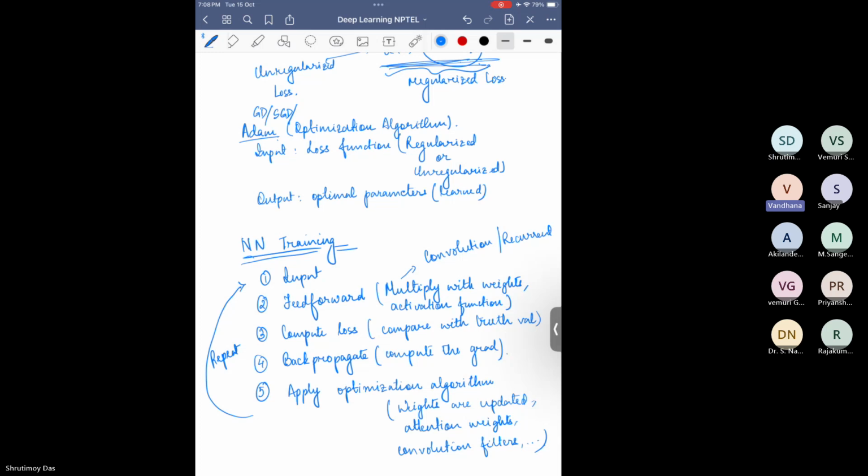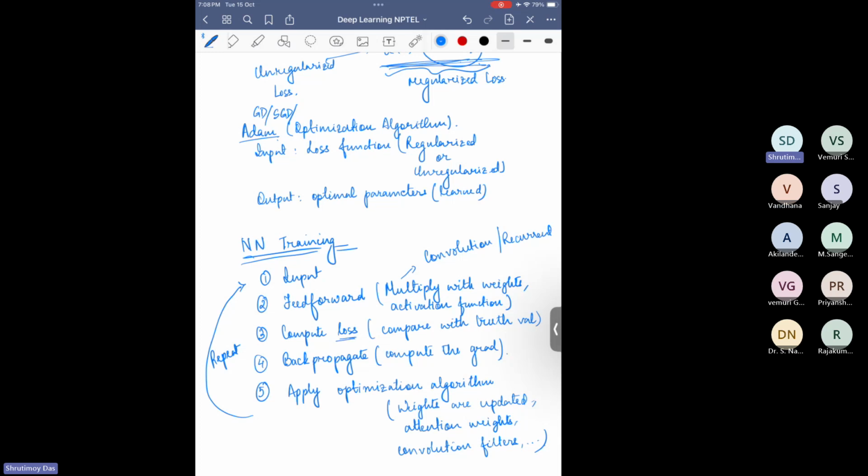And during optimization, after optimization, then we are regularizing, or not regularizing, as per the loss function. The regularization has to be given as input. During input, you have to say what type of loss you are using.